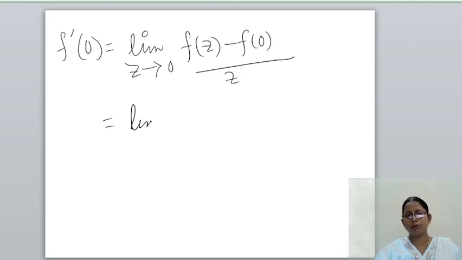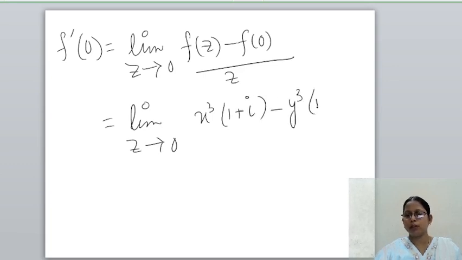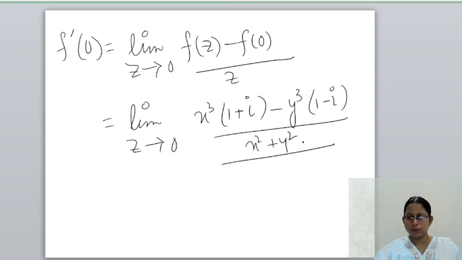This is equal to the limit as z tends to 0 of f(z), which is x cube (1 plus i) minus y cube (1 minus i), f(0) is 0, so over x square plus y square, then z. In the next step, this will be x square plus y square times (x plus iy). Call this equation 1.